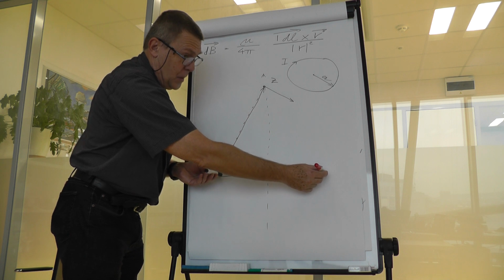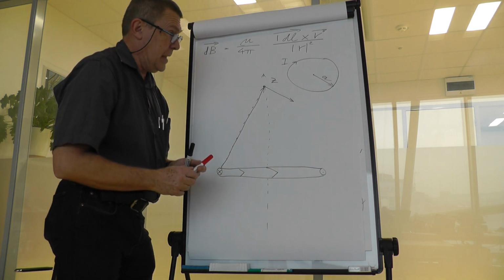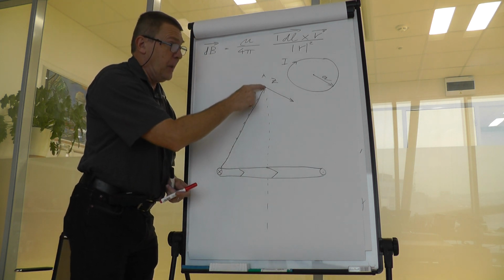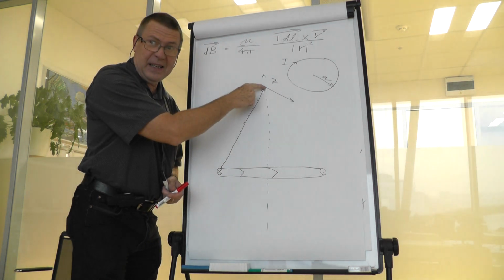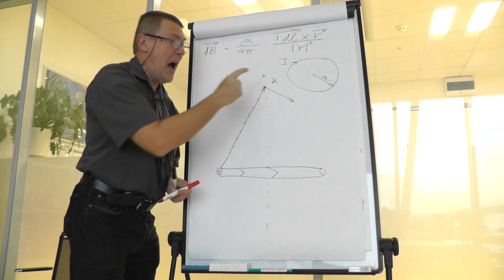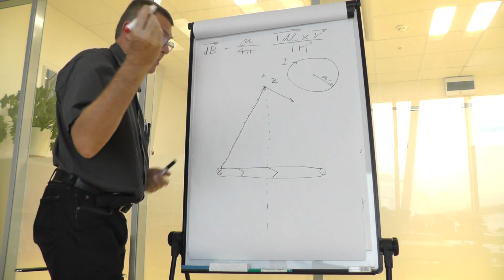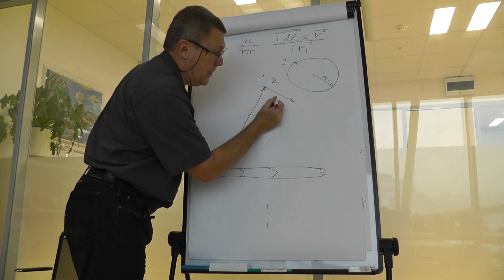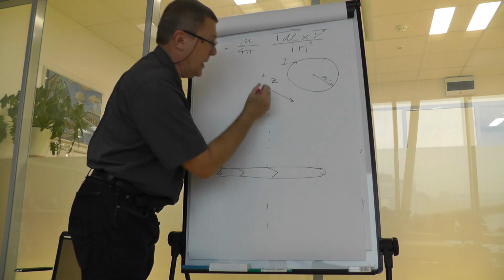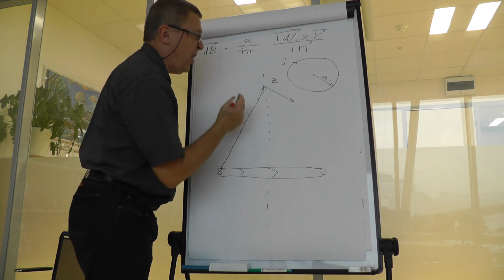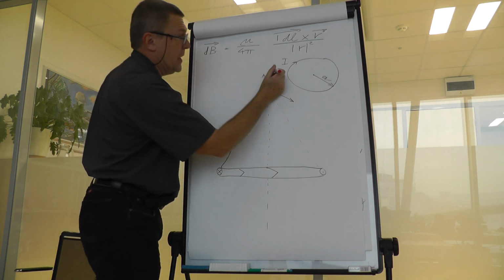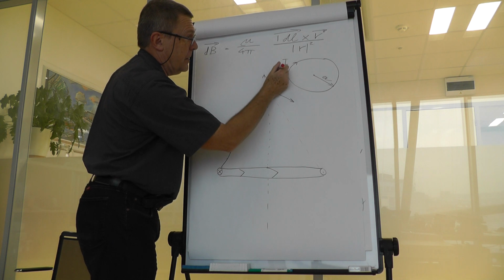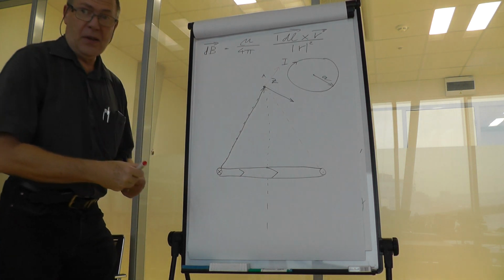And those 2 elements would produce a magnetic field over here of the same size, and let's draw it in red, the other one would have caused a magnetic field which has this direction, upstairs.